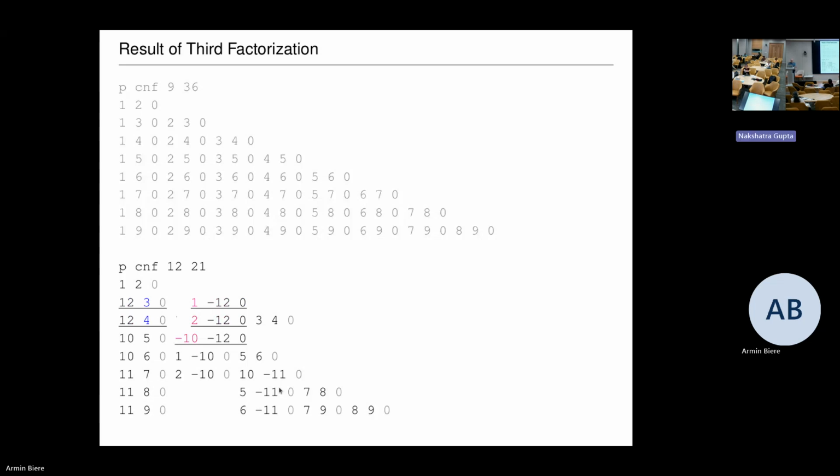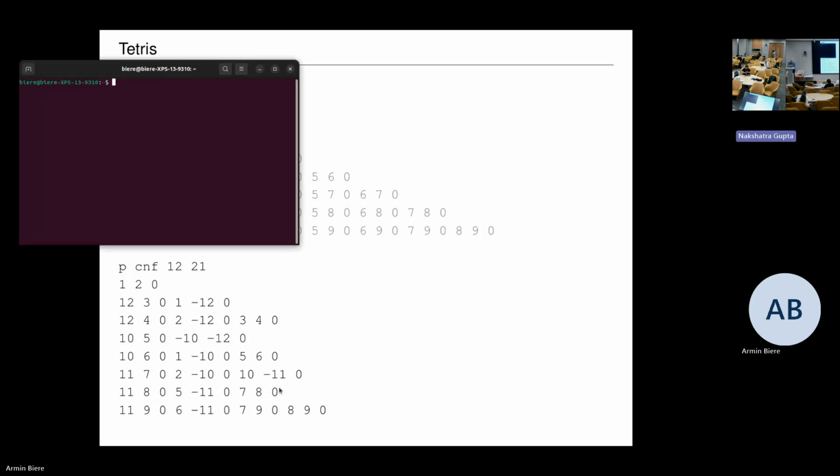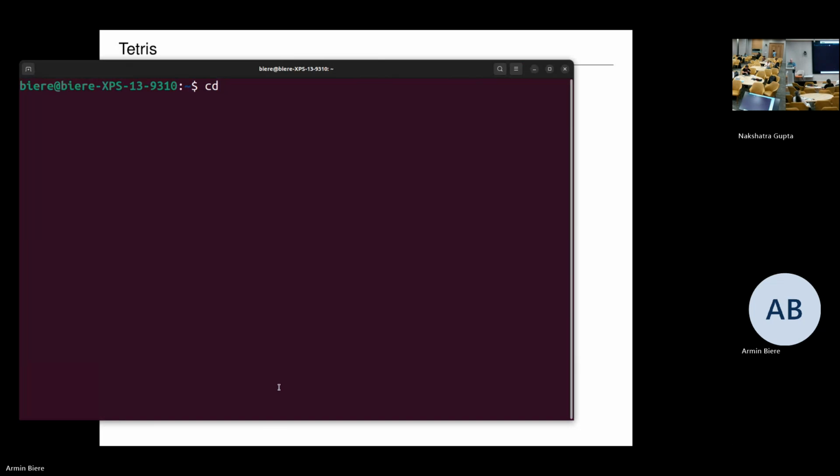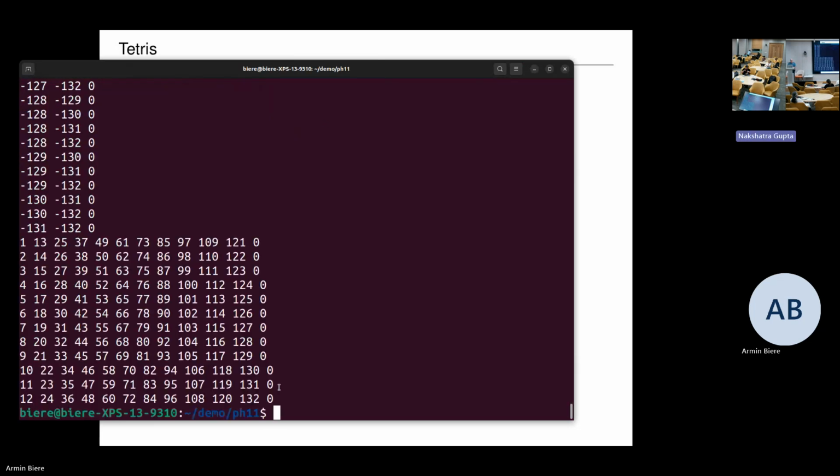Okay, I'll do this. And now let's see Tetris, right? And what actually my implementation would do, right? So you can download the latest KeySAT and apply it to this original program here, formula at top. What would it do? Well, let's try. Sorry, this is not the right one.